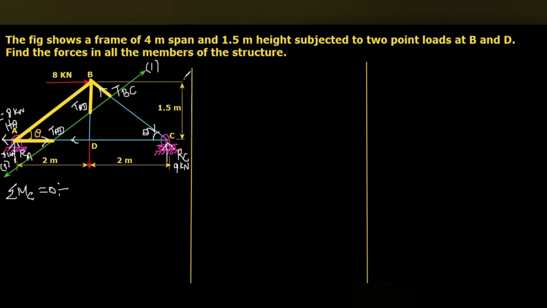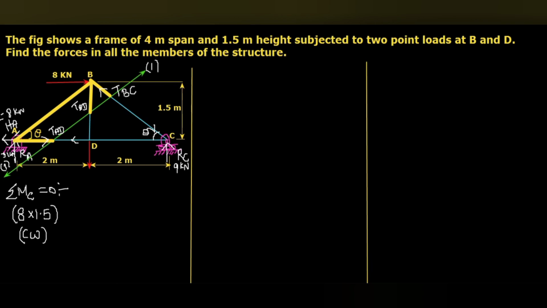The perpendicular distance from the point C will be 1.5. So 8 into 1.5 with respect to C is in clockwise direction.